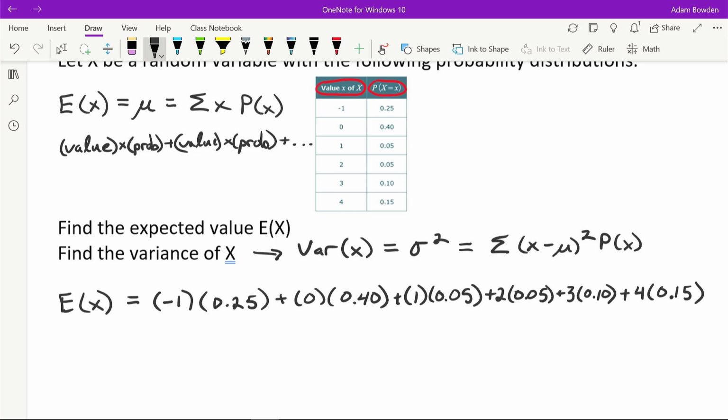So we multiply value times probability, plus value times probability, and we calculate that all out to get an expected value, or average mean, for the probability distribution, mu, equal to, in this case, 0.8.